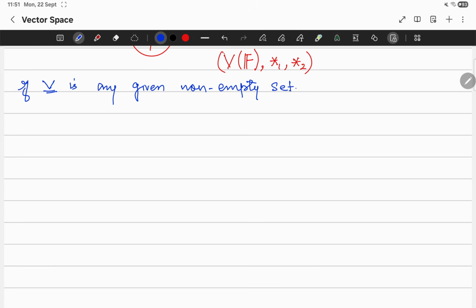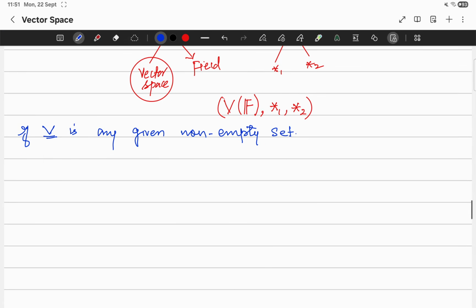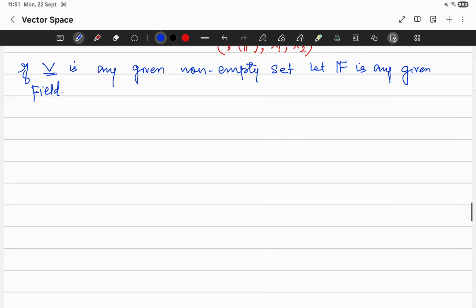जो मैं अभी बताऊंगा कि इसके लिए कुछ ऐसे ही जैसे फील्ड में 11 कंडीशंस थे, इसी तरीके से वेक्टर स्पेस में भी हमें कंडीशंस चाहिए. ठीक है, तो हमारे पास सेट होगा V और हमारे पास F. Okay, let F is any given field. ये भी फील्ड होगा, मतलब ये या तो Q रहेगा या तो R रहेगा या तो हमारा C रहेगा. ठीक है, तो हमें चेक करना है कि ये वेक्टर स्पेस है with respect to the two operations. वो दो ऑपरेशंस भी already दिए गए होंगे. ठीक है, तो ये जब ये F फील्ड है, तो इसकी ऑपरेशन भी क्या रहेगी.